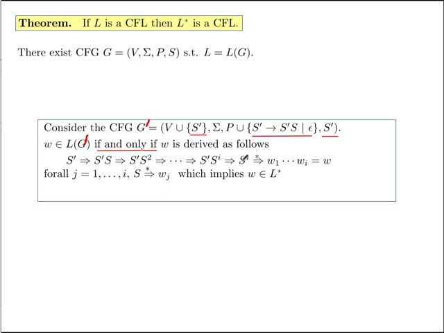So we get S to the i, and from here each of this S has to be expanded into some terminals, right? So each of the i many copies of S expands into some Wj, where all these Wj are expanded from S. So that means all these Wj's are part of what? This language.